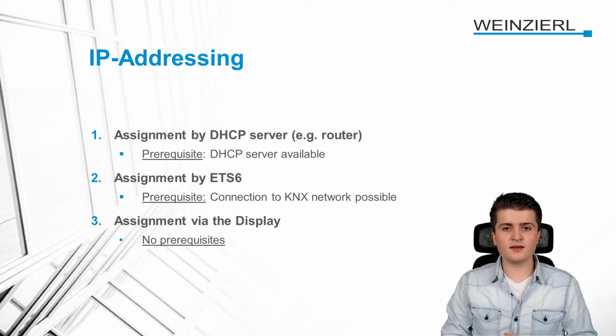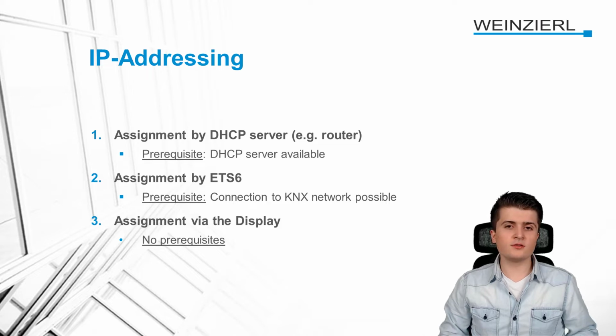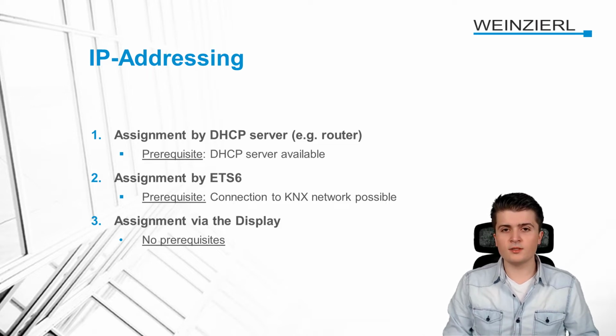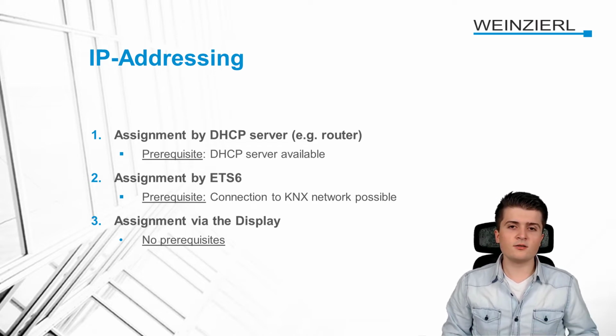If this isn't the case, then you can also use the second option, the assignment via the EDS6. For this option, you can use the EDS6 and there under the device parameters you can set up the IP settings of the BAOS and then download it to the KNX IP BAOS.